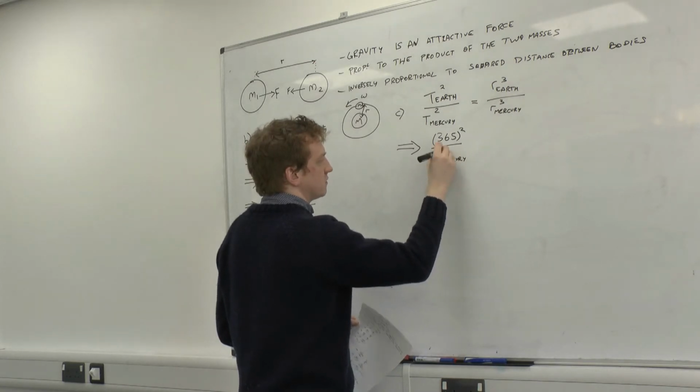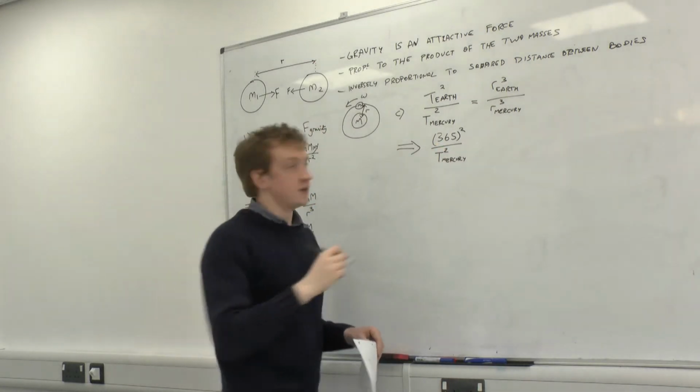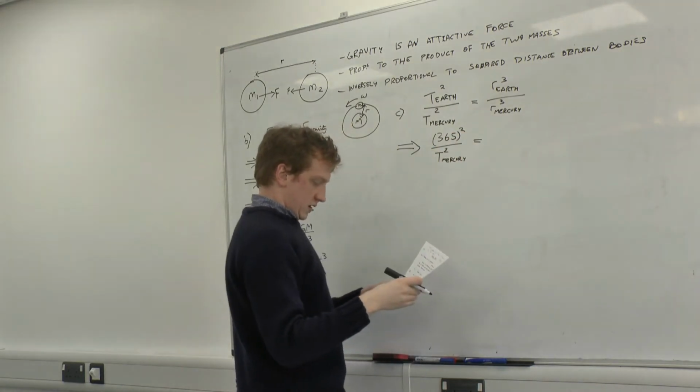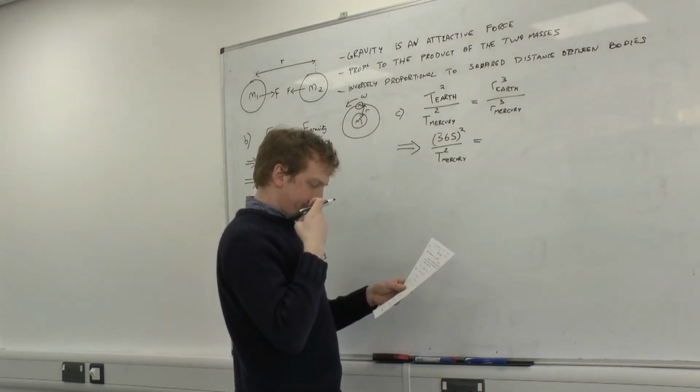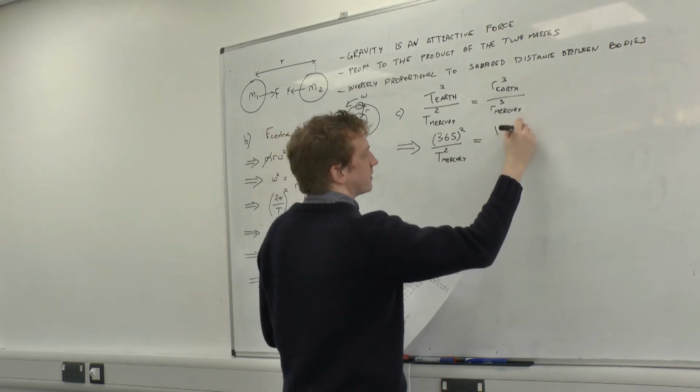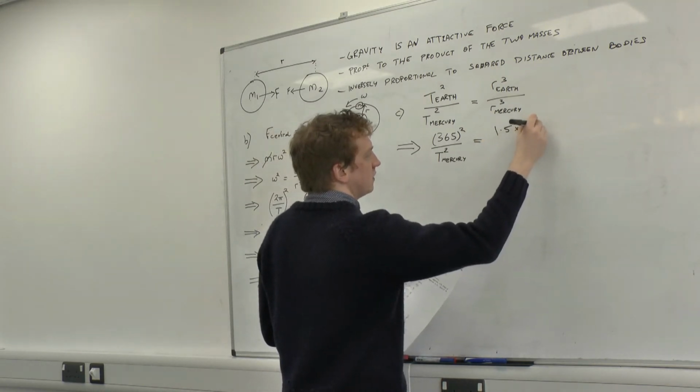how long a year is on Mercury. That's what we're trying to calculate. And this is equal to the orbital radius of Earth, which is 1.5 times 10 to the 11.